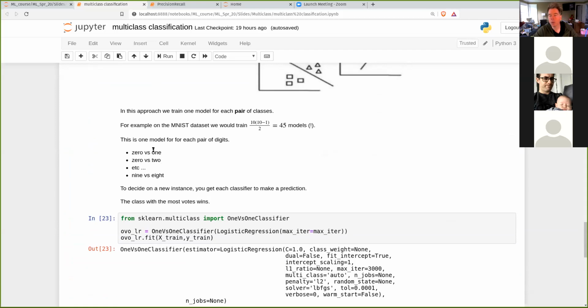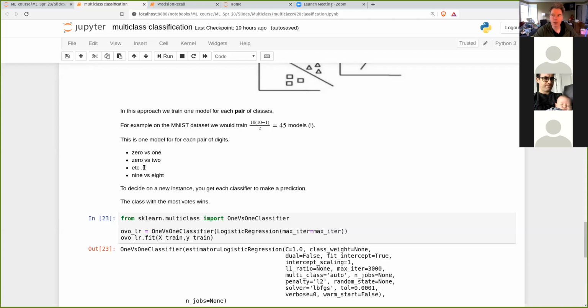The 0 versus 1 classifier just votes 0 or 1. The 0 versus 2 classifier just votes 0 or 2. The 9 versus 8 classifier just votes 9 or 8. The idea is that the class that's the actual truth will get the most votes, as long as these things work fairly well.